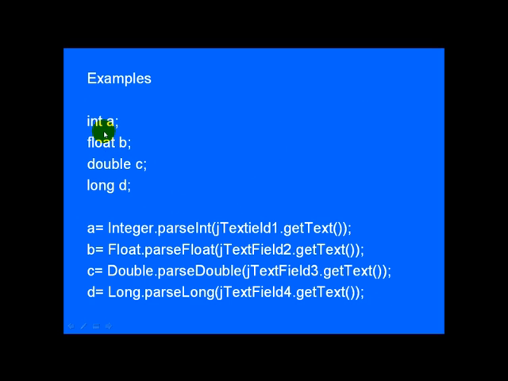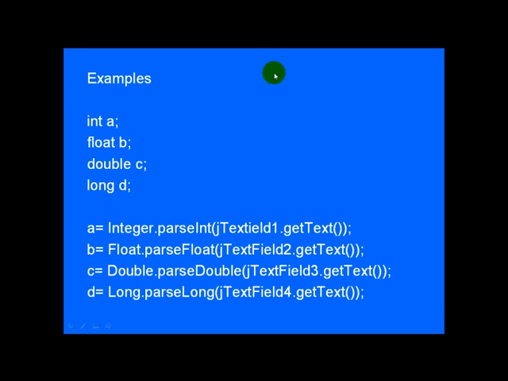We have four variables here: int A, float B, double C, long D. Now we know that all these int, float, double, long are numeric primitive data types. We have declared A of data type integer, B of data type float, C of data type double, D of data type long.